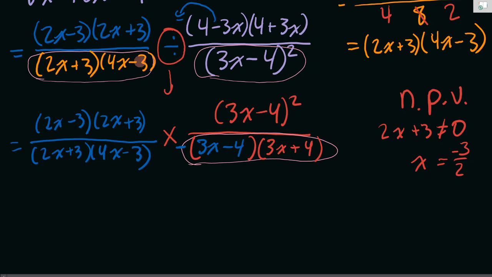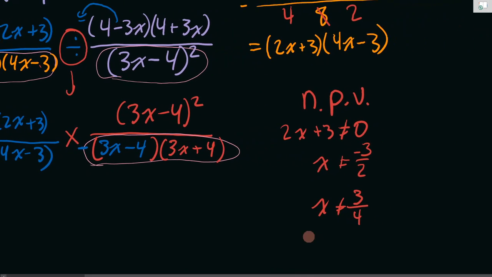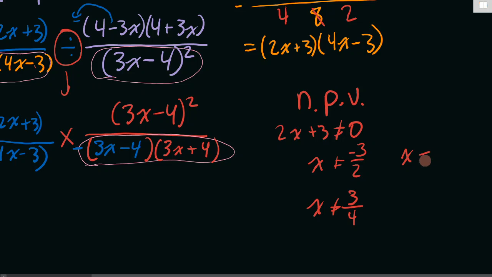This negative 3 moves to the other side and becomes positive 3. Oh, sorry, not equal. So x is not equal to positive 3, divided by the coefficient of 4. This one here, we get positive 4. Let's scroll over. So x cannot equal 4/3.